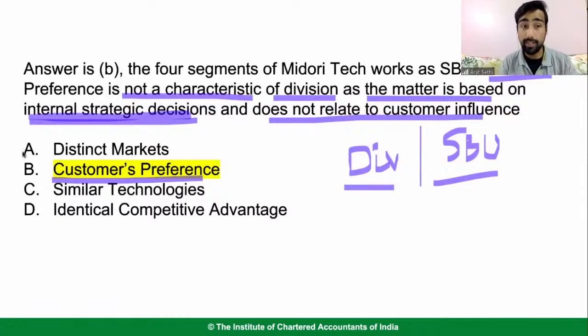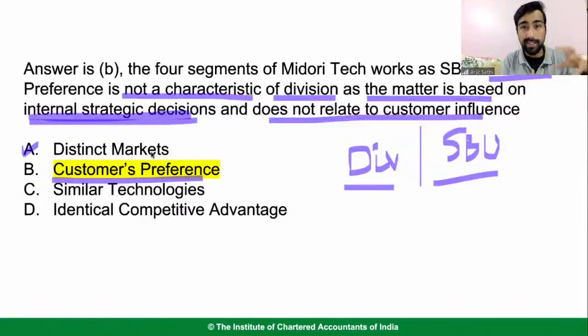It can be done on distinct markets. Why not? India market, US market, Canada market, European market. On the basis of market we can do segments, we can do divisions, we can do SBUs. On similar technologies we can club SBUs together, right? Similar technology, like frozen and boiled items, fried chips and boiled chips and frozen ice cream.